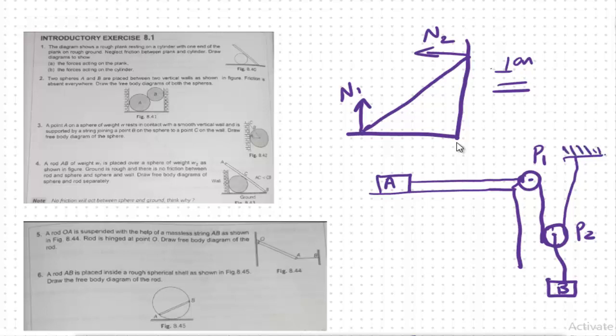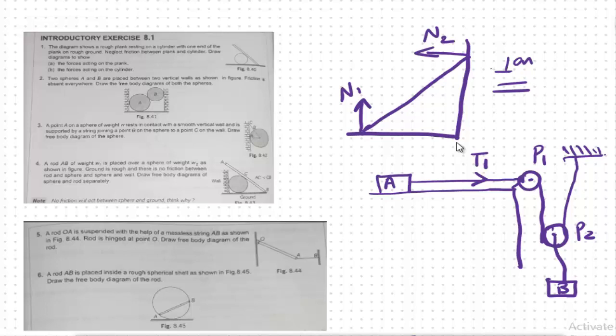So which forces will be acting on this system? Obviously, A will be acting with a force towards the pulley. Tension will be acting from A towards the pulley. T1 is the force which is acting towards P1.